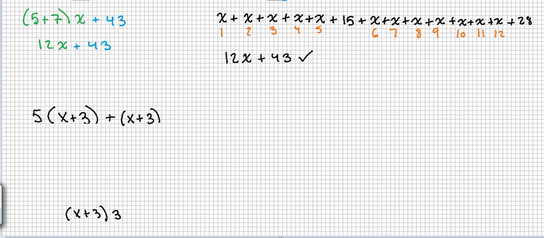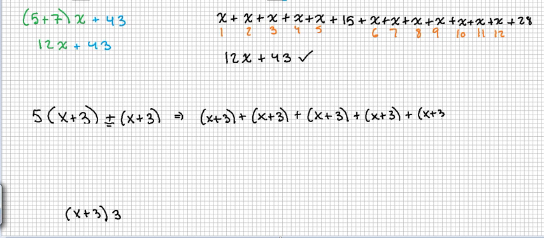So the final thing, now let's look at something where we have 5x plus 3 plus x plus 3. Well, it's an addition sign in between them. That's pretty important to know. So we're going to go and expand this out. x plus 3 plus x plus 3 plus x plus 3 plus x plus 3 plus x plus 3.